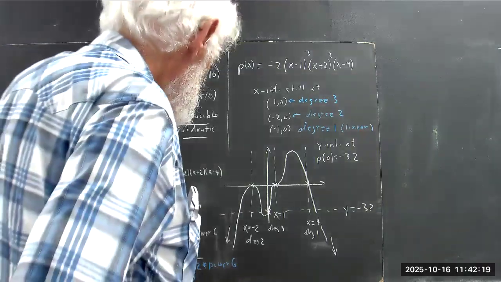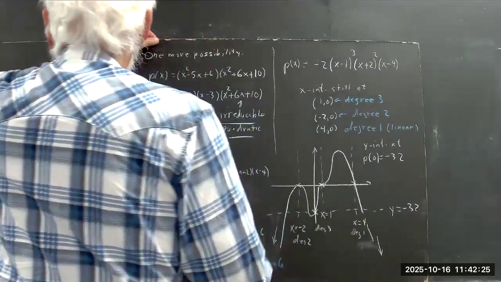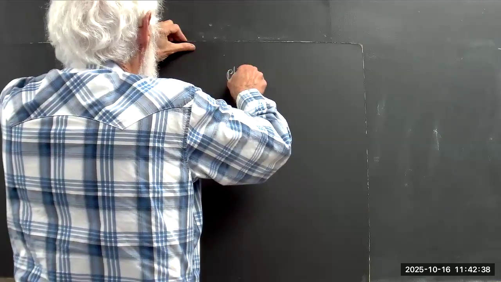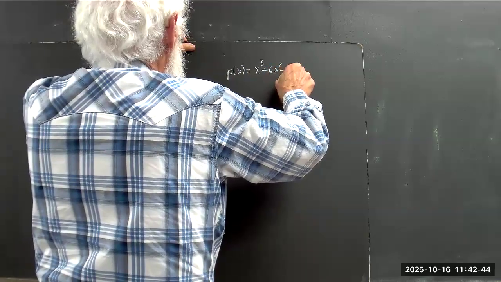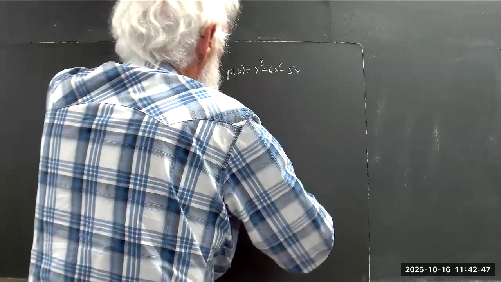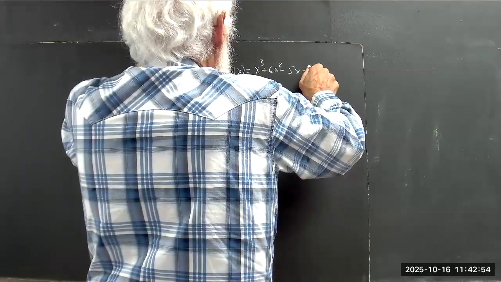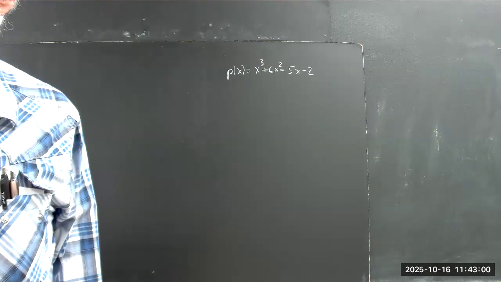So let's say you have P of X equals X cubed plus 6X squared minus 5X minus 2.